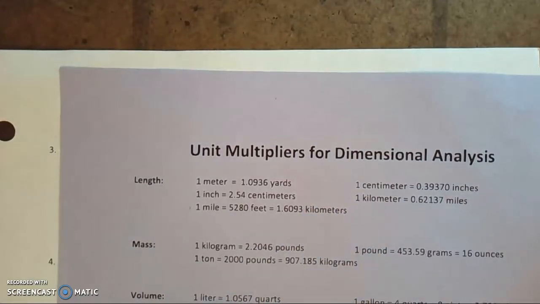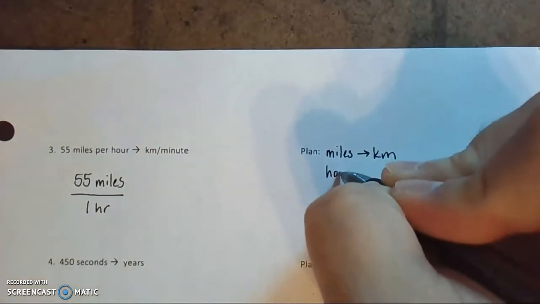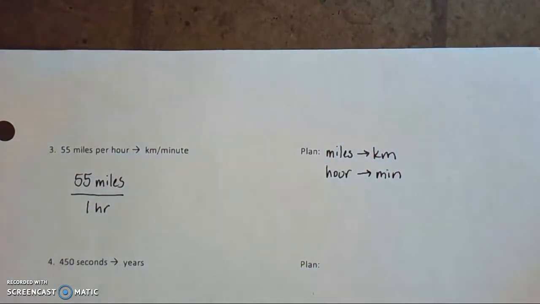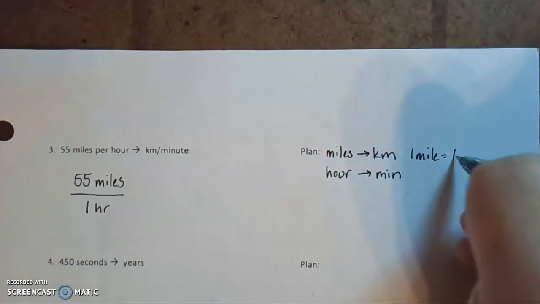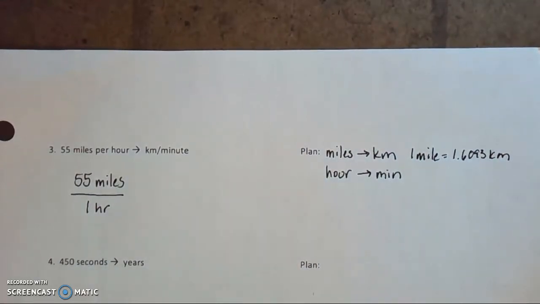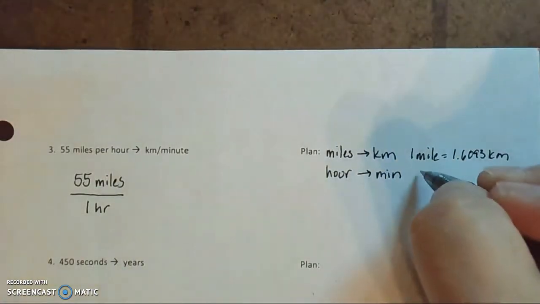Either one will work. But we also have to change hours to minutes. So we have to do both. If we use 1 mile is equal to 1.6093 kilometers, there's one conversion. And our time conversion, you should know, but it's here. 1 hour is equal to 60 minutes.